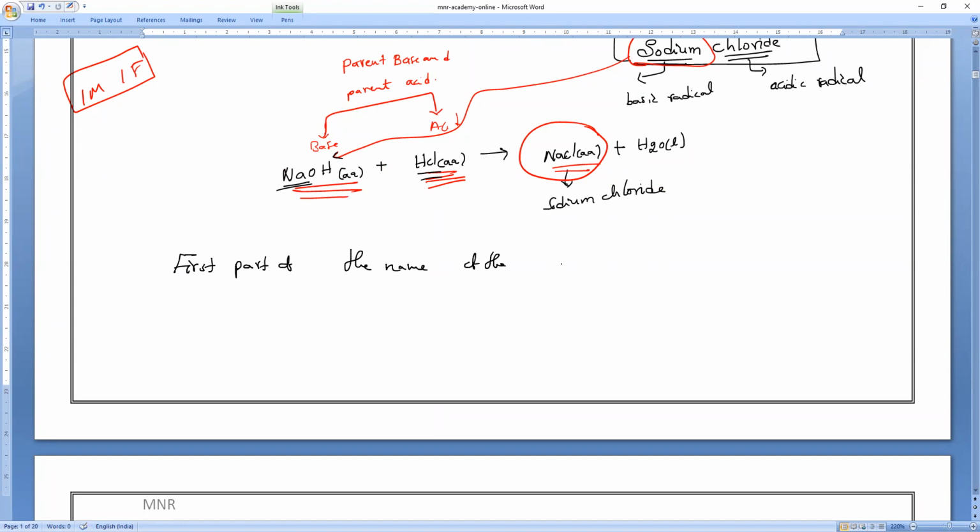Derived from the base, and the second part of the name is from the acid. Any doubt anyone can ask? Clear, guys, all of you?